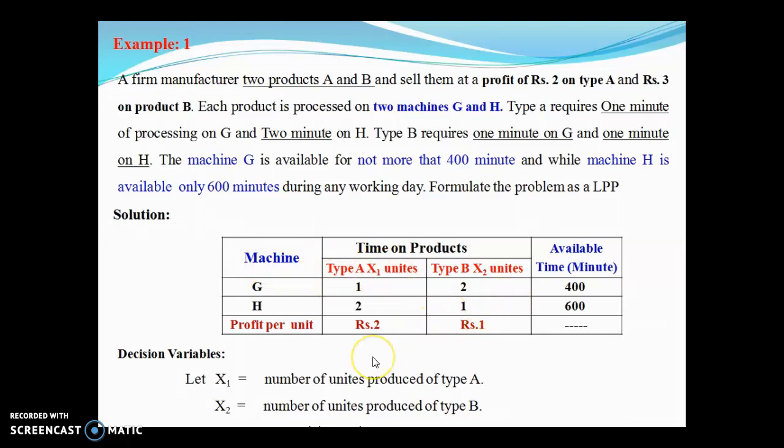So after this, the first step of the mathematical formulation, there are three or four basic procedures or steps. First, we identify the decision variable, write the objective function, formulate the constraint, and then the non-negative constraints. Here there are two products, so x1 and x2 are the two decision variables.